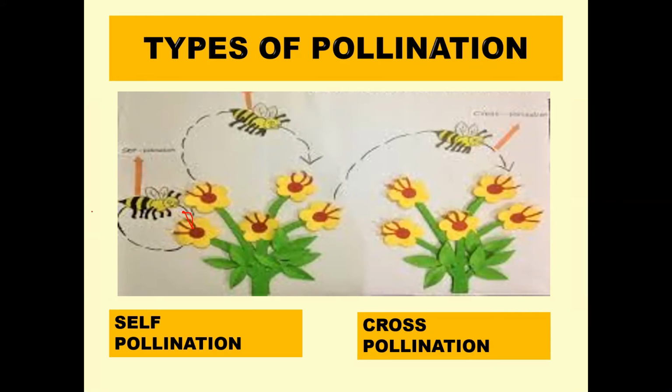When pollination is occurring within the same flower, in that case, no pollinating agent is required. But when pollen grains are going to a different flower, maybe of the same plant, maybe of a different plant, then pollinating agents are required, which help in pollination by transferring the pollen grains.